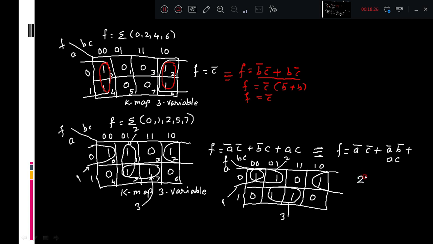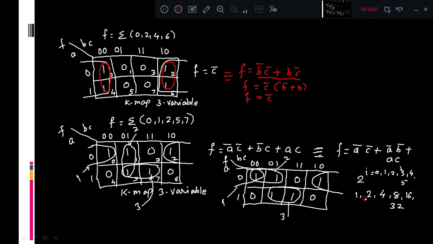The grouping should be done in 2 to the power i, where i varies from 0, 1, 2, 3, 4, 5. 2 raised to 0 means 1, 2 raised to 1 means 2, 2 raised to 2 is 4, 2 raised to 3 is 8, 2 raised to 4 is 16, 2 raised to 5 is 32. We are discussing up to 5 variable K-map. So you have to group in this order.